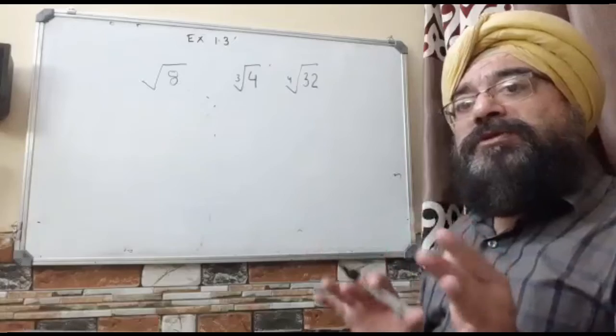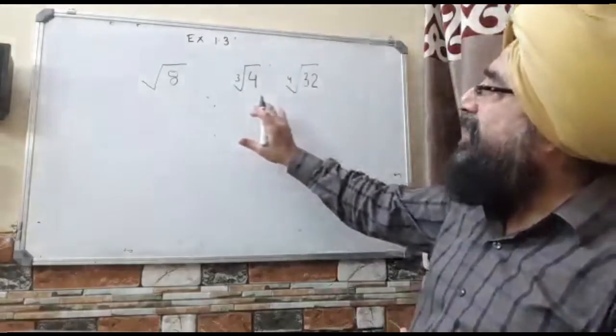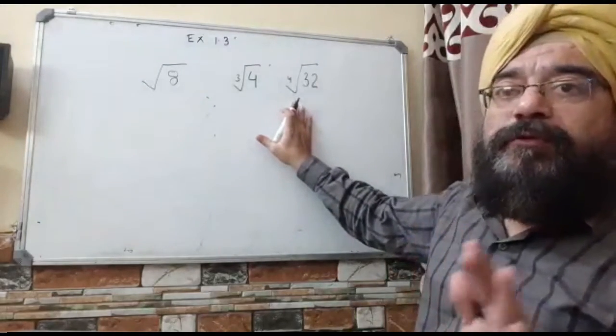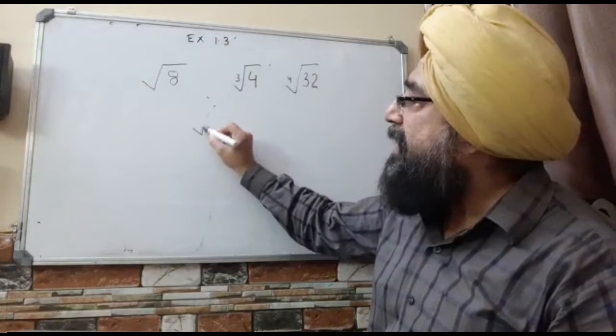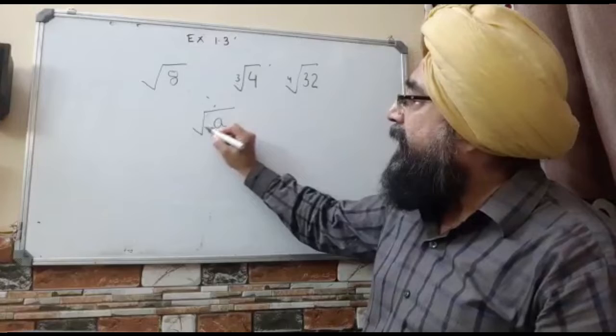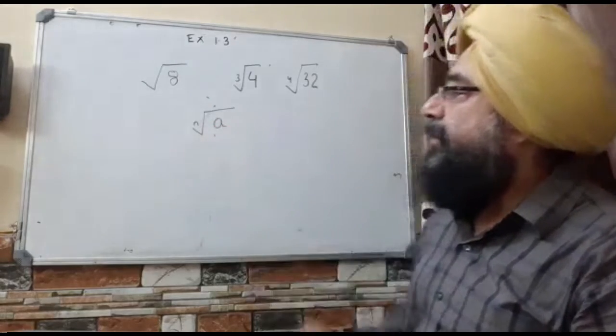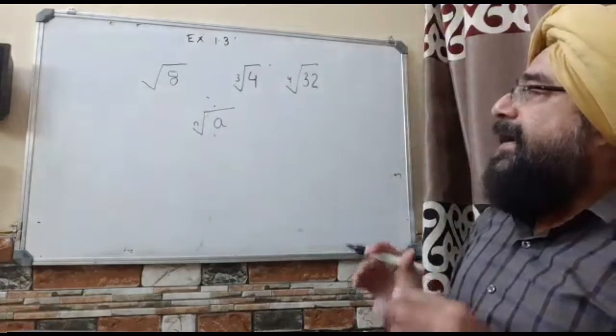So all such numbers in which the root cannot be removed can be generally expressed as the nth root of a, that is, under root of a to the nth power. We call it the nth root of a.